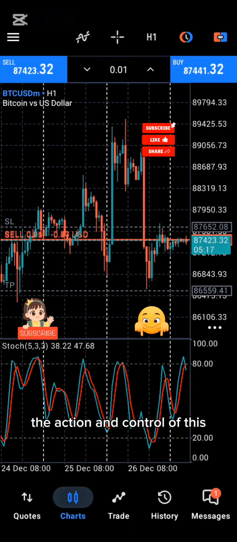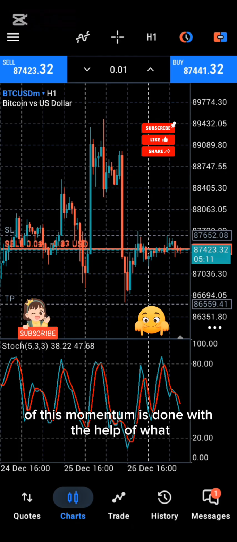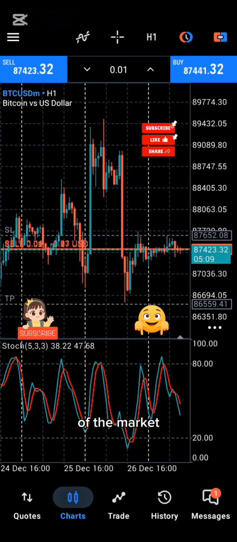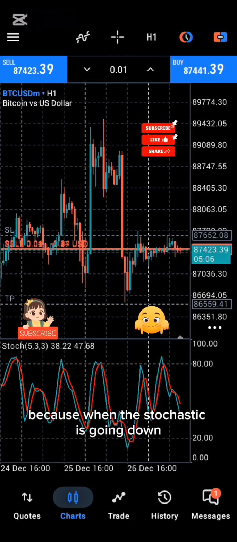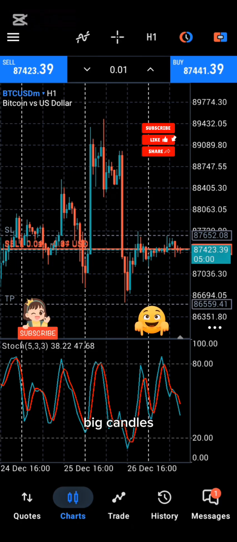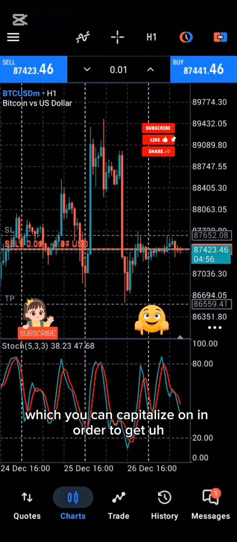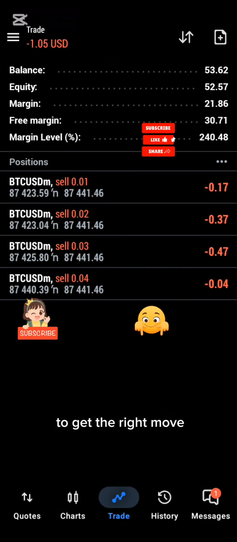The action and control of this momentum is done with the help of what? Of the market, because when the stochastic is going down, the market also gives you a momentum move, big candles, which you can capitalize on in order to get the right move.